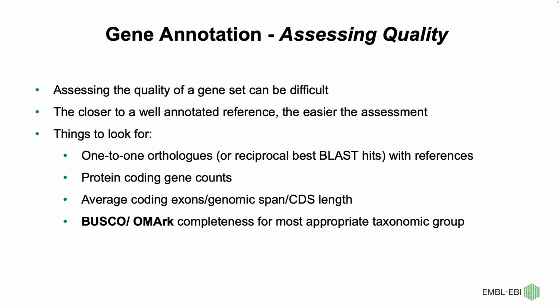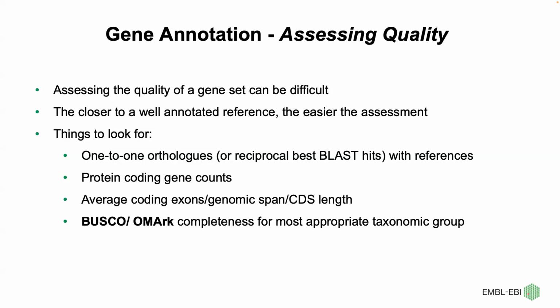We look at the protein coding gene counts and whether it makes sense to have that number of protein coding genes in the species that you're trying to annotate. We also look at whether the size of the exons makes sense, whether the average size is equivalent to the species which are already annotated in that particular clade. What's the CDS length? What's the genomic span?